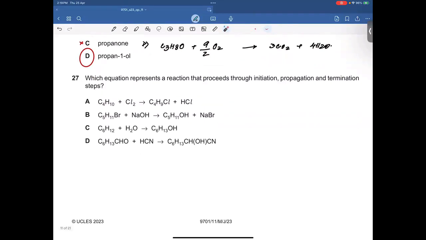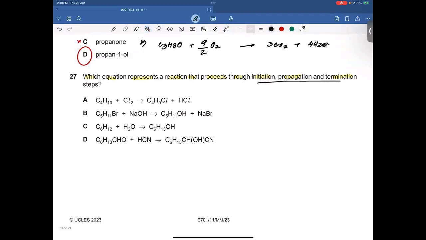All right. Question number 27. Which equation represents a reaction that proceeds through initiation, propagation, and termination? By the way, these 3 steps take place in free radical substitution reaction of alkane.